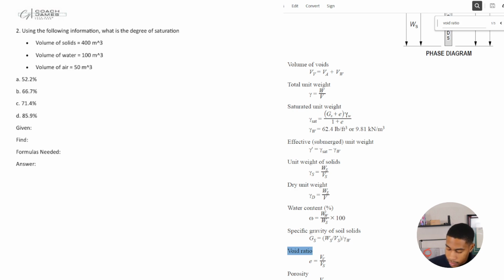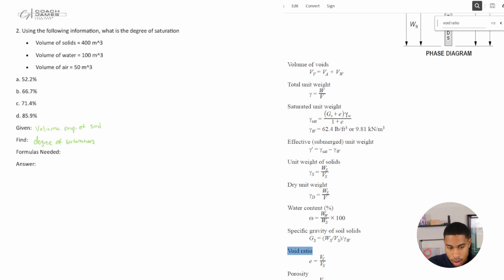So we are given the volume properties of the soil, right? And we are trying to find the degree of saturation.